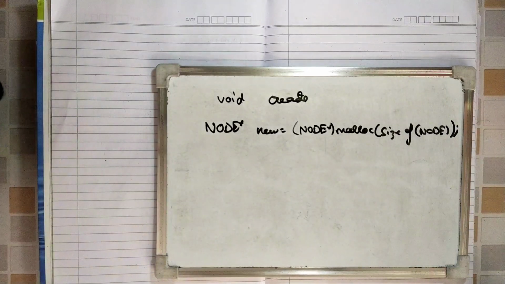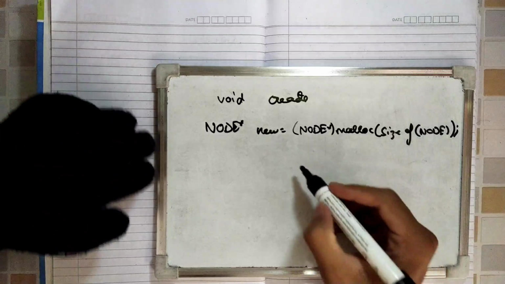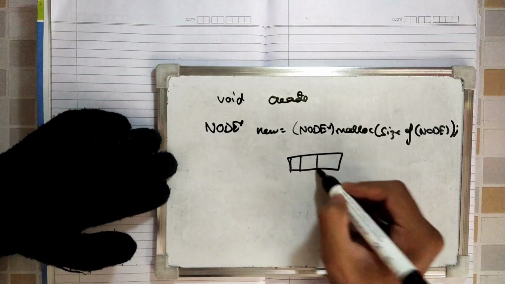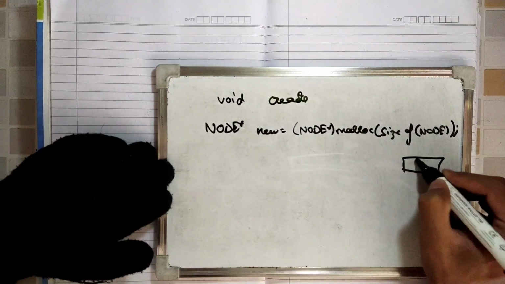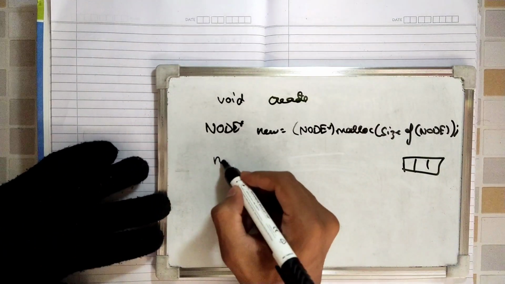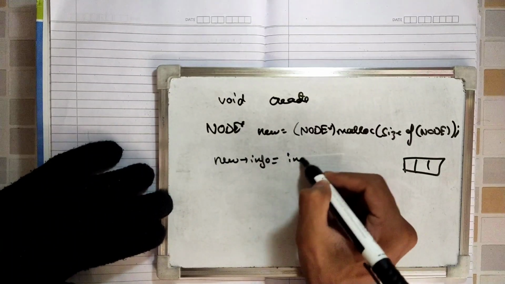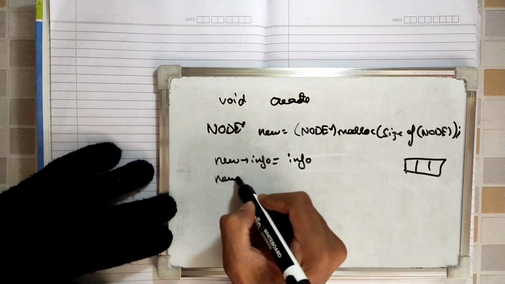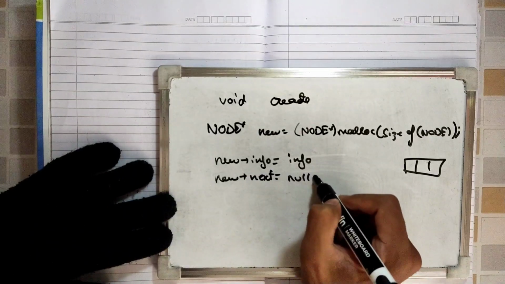So this is how you allocate memory for your node. Here we have created a node successfully, but that node is empty. So now let me draw this at the right side. This is my node. So what I will do, new of info equals to info, same as our single linked list. Then new of next equals to null.